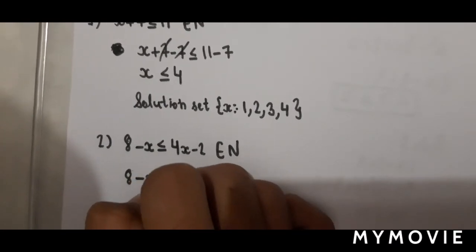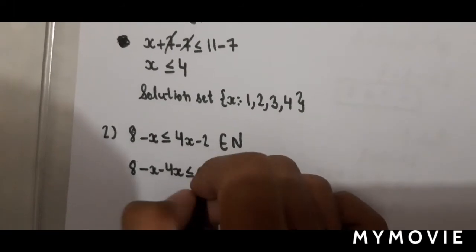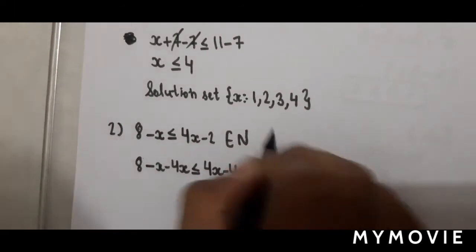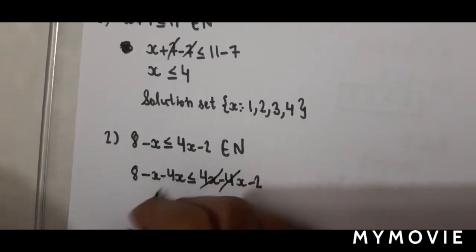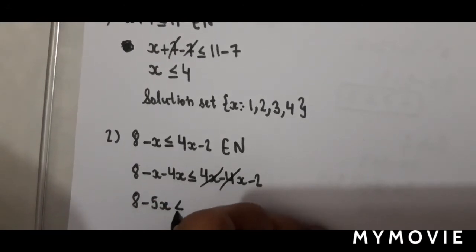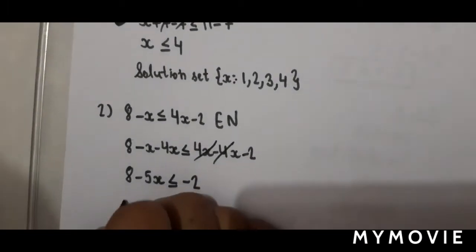So minus x minus 4x and 4x minus 4x minus 2. After subtracting, it becomes 8 minus 5x lesser than is equals to minus 2. So subtract 8 on both sides.